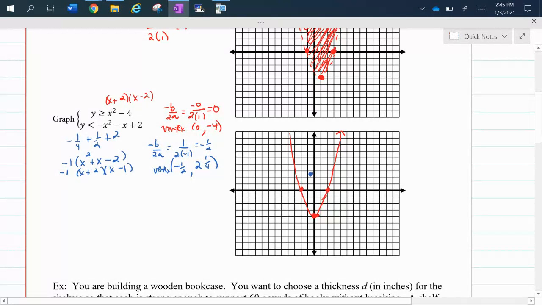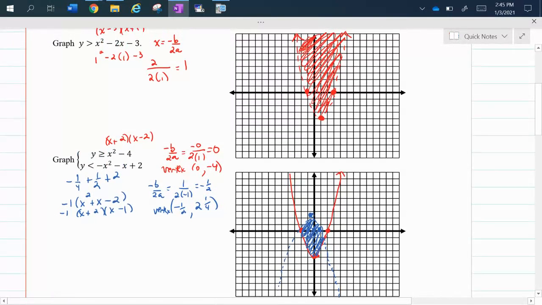So I see that I have x-intercepts at negative 2 and at 1. And this one opens down, so I'm going to make a dotted boundary because I just see less than opening down. So we have this kind of egg shape made where the two intersect, because the first one, the red one's greater than, and then the blue one's less than. So we're going to shade in between, right here.